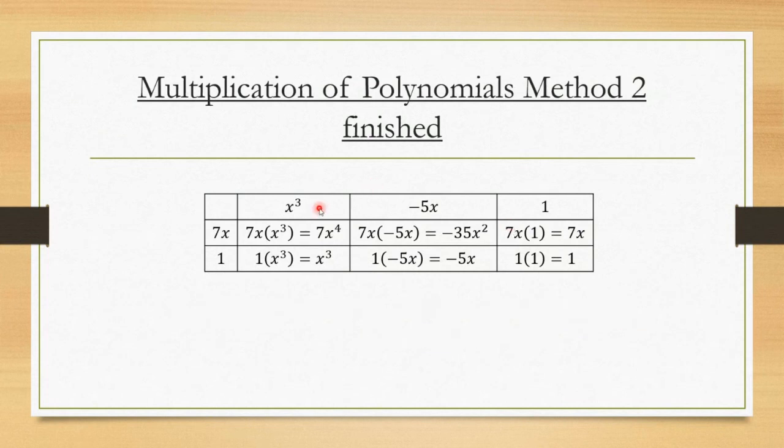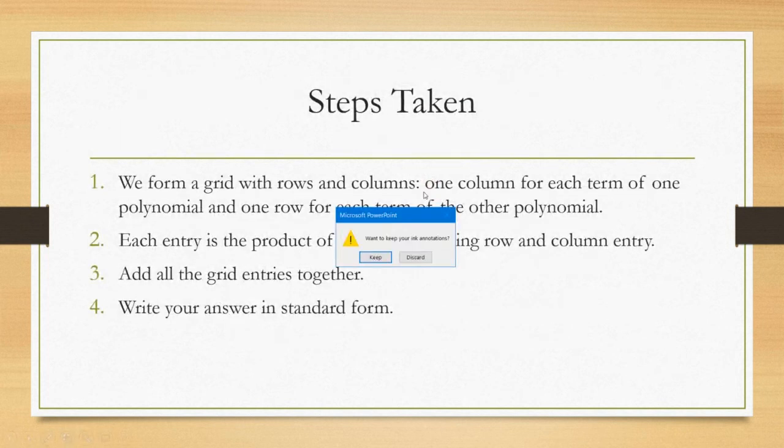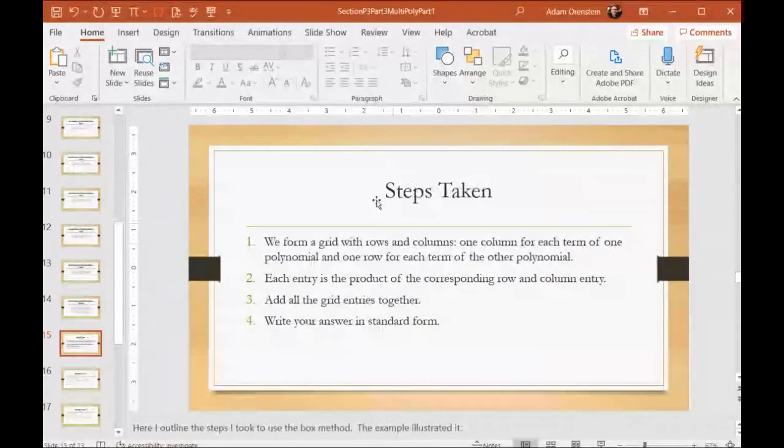Also, the polynomial with more terms I use for the columns. The one with less terms I use for the rows. That is actually optional. You could use the polynomial with more terms for the rows and the one with less terms for the columns. That's fine. It'll change the number of columns and rows you have, but that's okay.